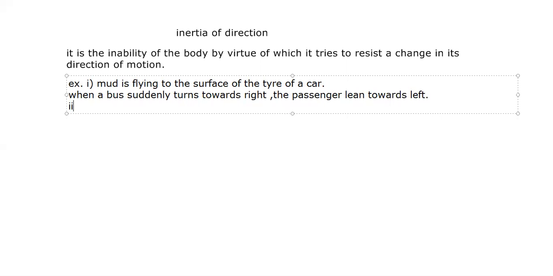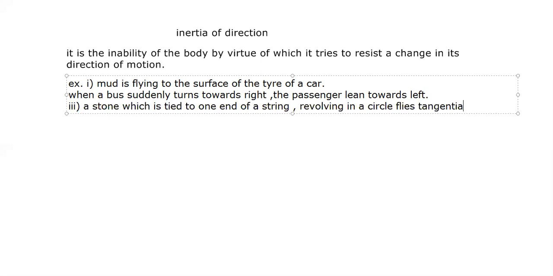Third one: a stone which is tied to one end of a string, revolving in a circle, flies tangentially when the string breaks.